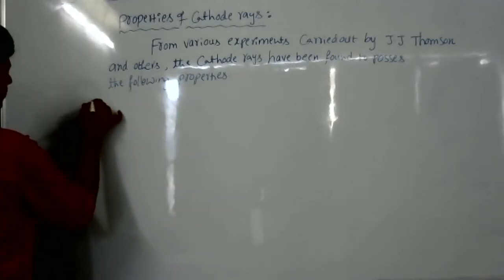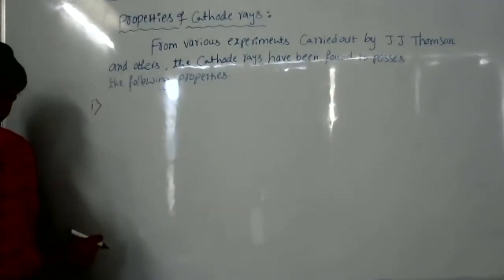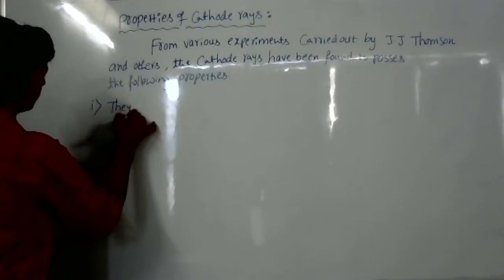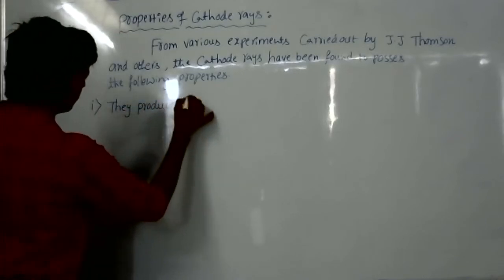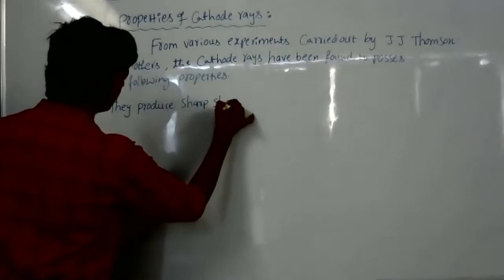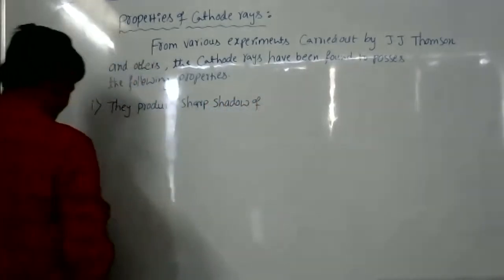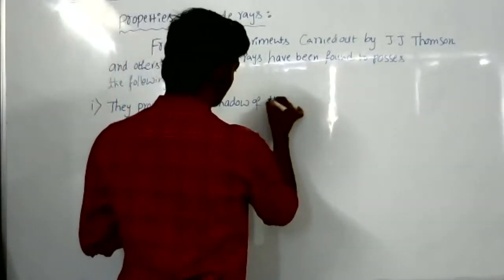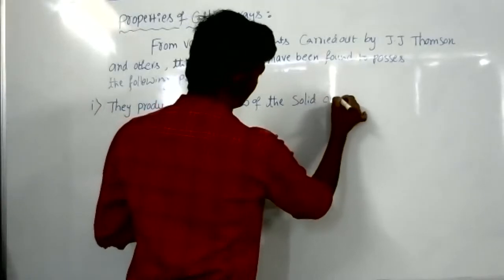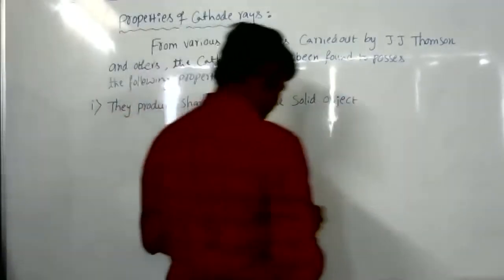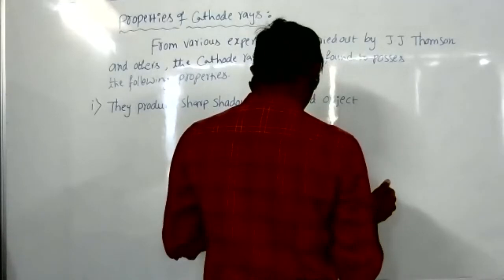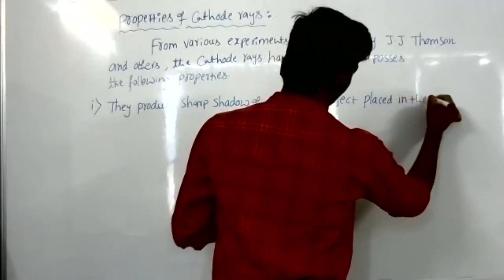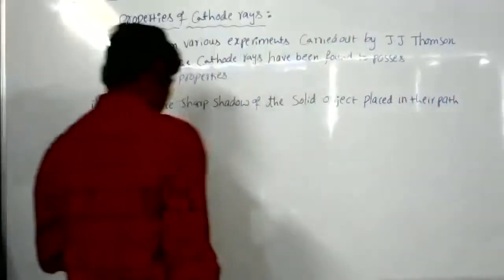Okay, first property: they produce a sharp shadow of the solid object placed in their path.